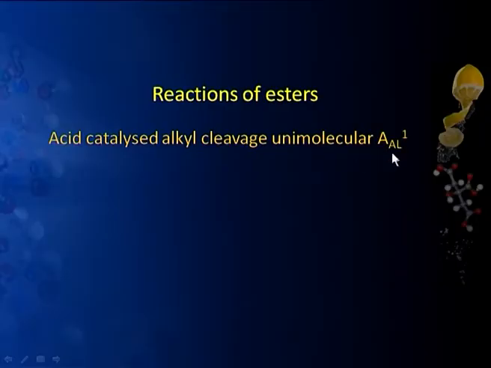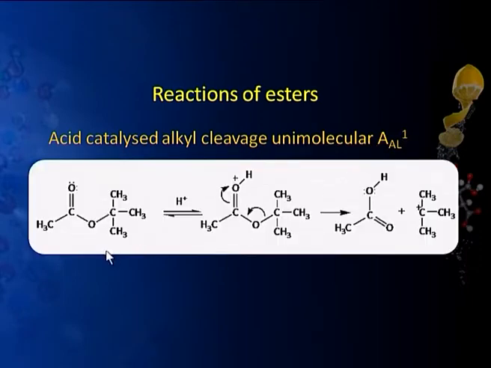One of them is acid catalyzed alkyl cleavage unimolecular, that is reaction involving the alkyl cleavage in ester and it is acid catalyzed. This reaction is observed generally in those esters where the alcohol part has got such an alkyl group which can form a stable carbocation, like it is a tertiary butyl group here, it can be a benzyl or some allyl group also.